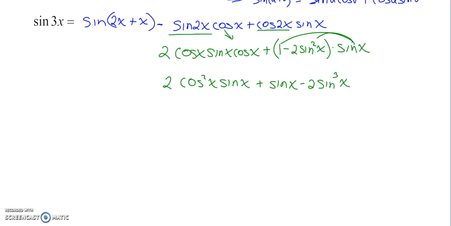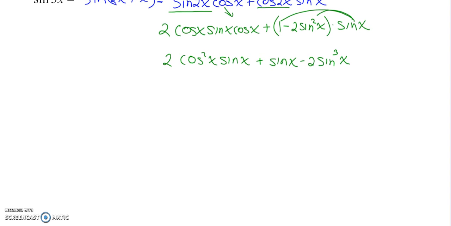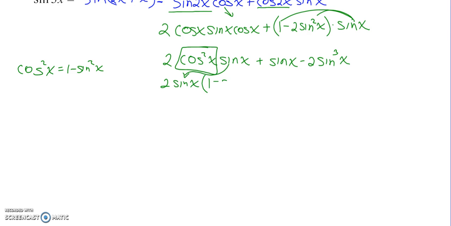At this point, you've written it in a way that it uses only sine x and cosine x and some exponents. If you want to simplify this down a little bit further, you could use your Pythagorean identity, cosine squared x is equal to 1 minus sine squared x, and we could substitute that in right here. This would read 2 sine x, and then I'm substituting in my Pythagorean identity.